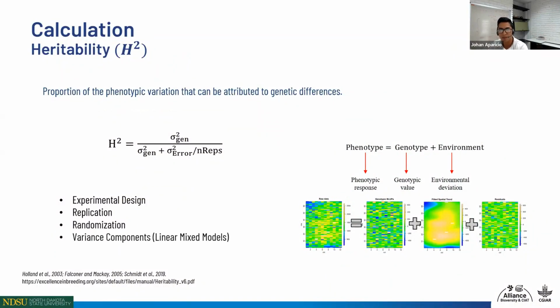And an engine to estimate the variance components, in this case a linear mixed model, to estimate the genotypic variance and the residual variance. This plot basically tries to present this in a different way: phenotypic is what we see, the raw data; genotypic value, environment, and error is the rest.